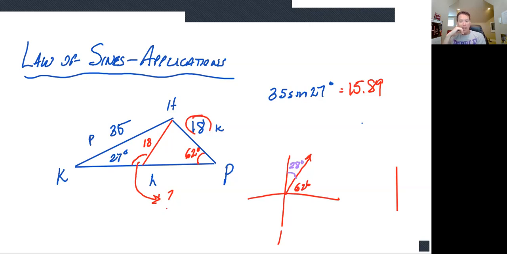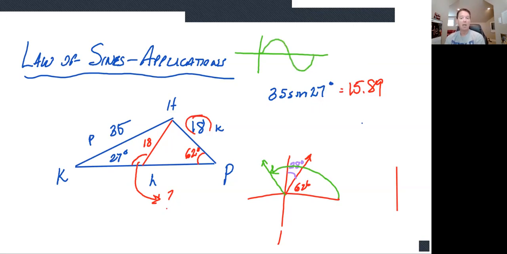And whatever the sine of 62 is going to be, it'll be the same sine here at that angle, at that angle, because sine is symmetric along the line pi over 2.